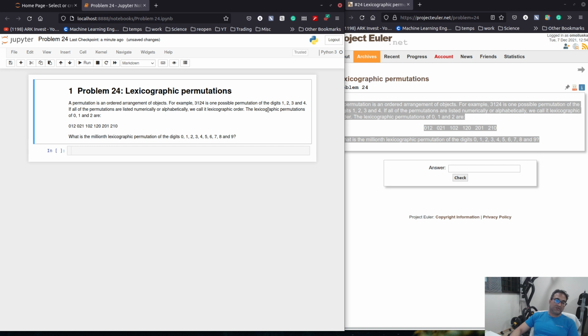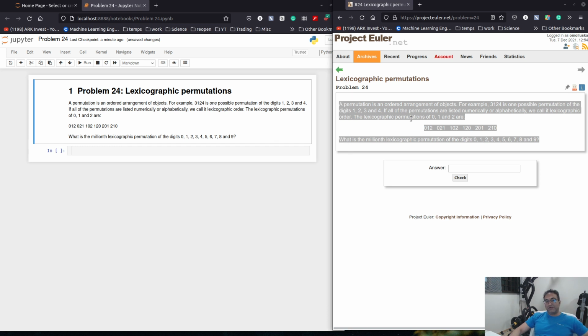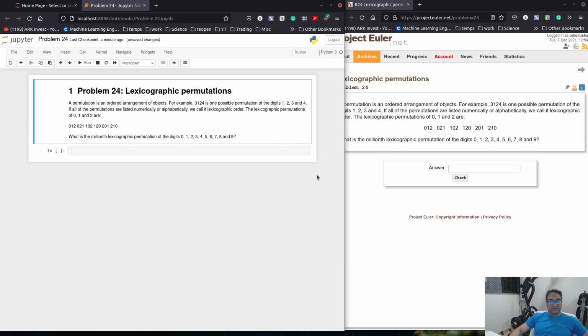The lexicographic permutations of 0, 1, 2 are 012, 021, 102, 120, 201, 210. What is the millionth lexicographic permutation of the digits? Okay. So that's basically what we have to solve.